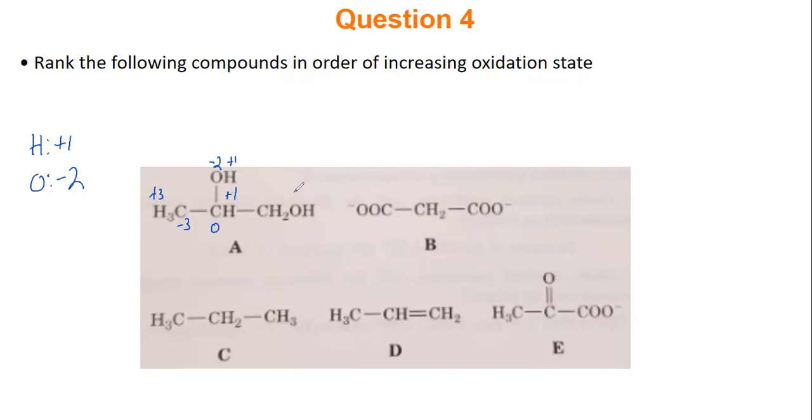Then the carbon on the right. We have +1 from this hydrogen, -2 from these oxygens, and then we have 2 hydrogens, so that's also +2. Again, this group is not charged, so everything has to equal 0. So this carbon would be -1.